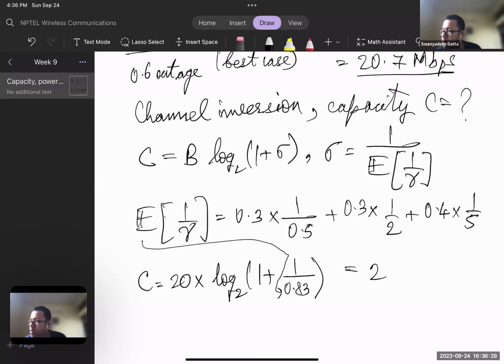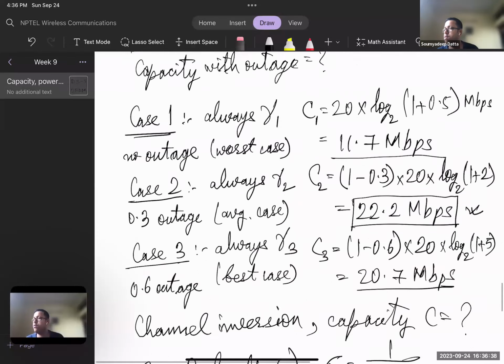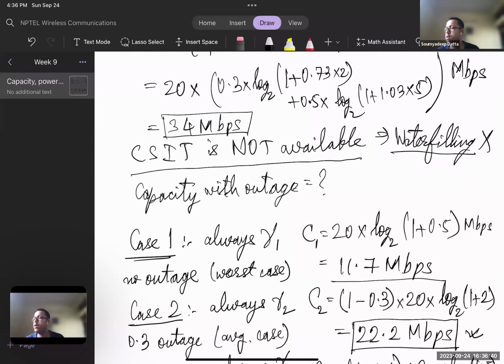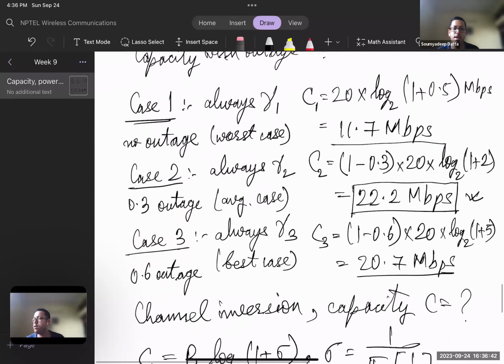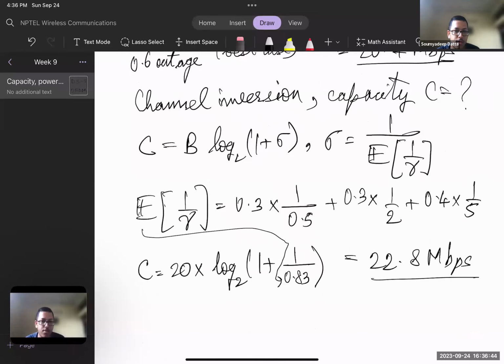I'm getting somewhat like 22.8 Mbps. So this is also very low. If you compare with water filling, 34 Mbps, 22.8 Mbps is pretty low. And I hope I didn't make any calculation error.